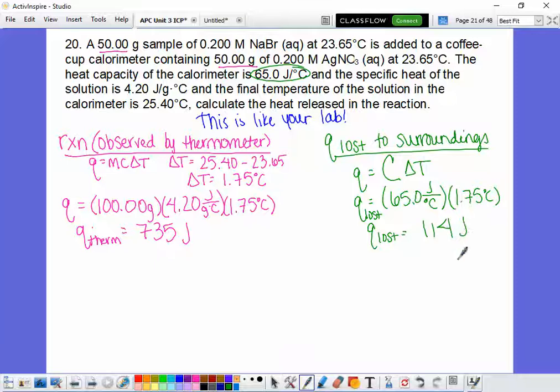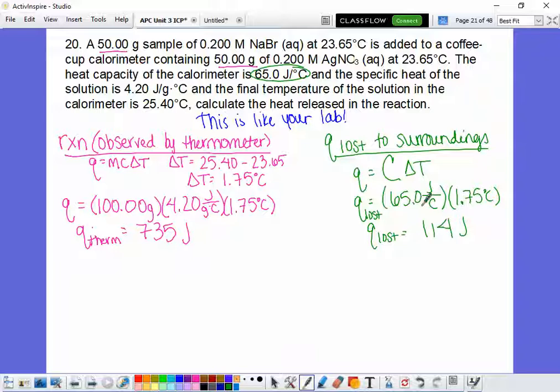Oh, you forgot the decimal? Wait, no, that's still not right. You typed something wrong. Because basically, the heat capacity of the calorimeter tells you for every degree that your solution changes by, that's how much energy it's going to lose. Like how much energy it'll transfer through the calorimeter.